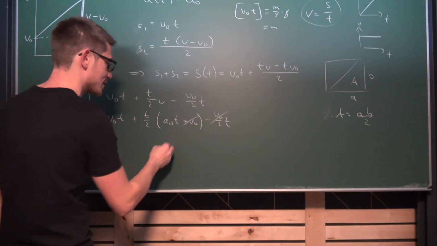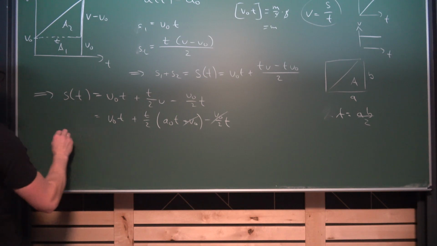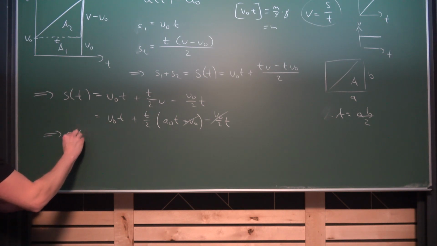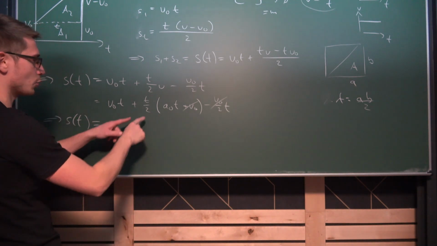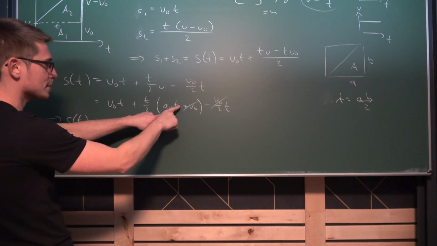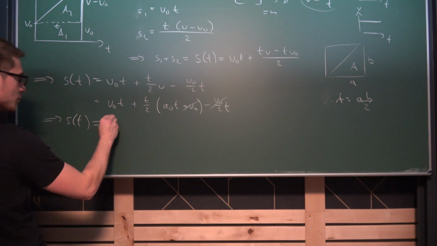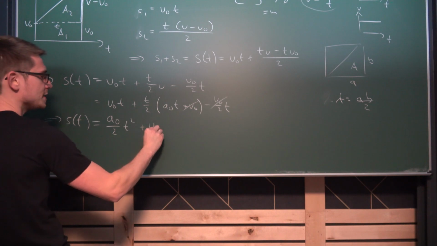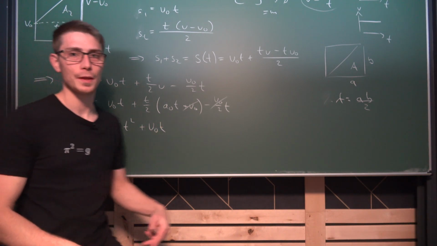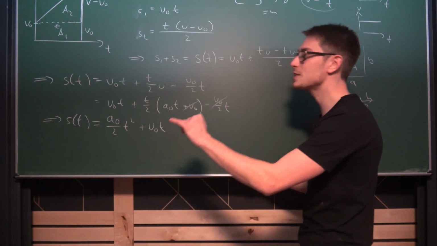So this part is going to cancel out, leaving us overall with S with respect to T being equal to, now I'm going to bring this into a nice order, A naught times T squared divided by 2 plus V naught times T. And we are kind of done.